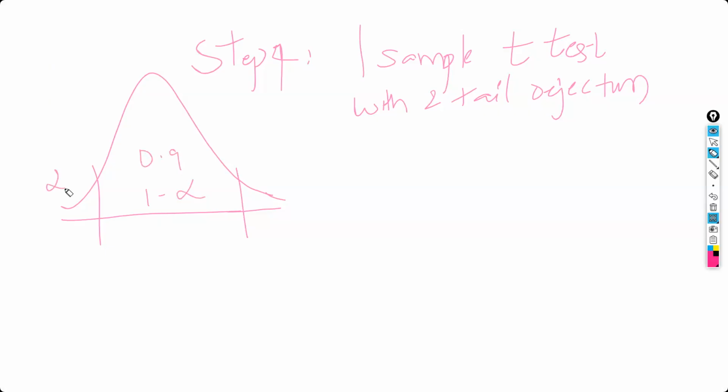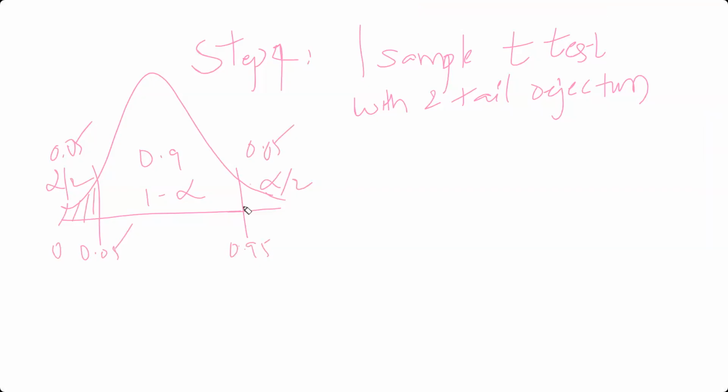Each tail is alpha by 2, which is 0.05. Combined, the total is 0.1. So 0 to 0.05 is a rejection area, 0.05 to 0.95 is the acceptance area, and 0.95 to 1 is again a rejection area.